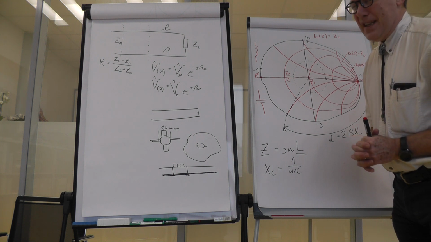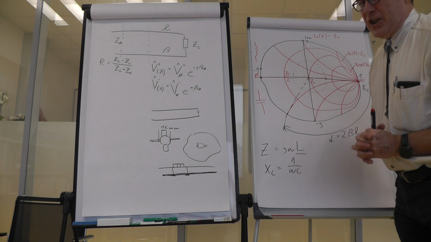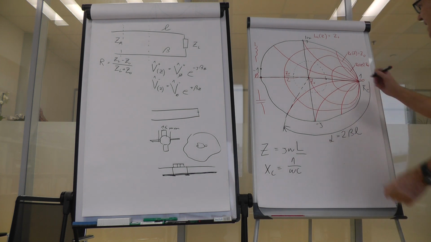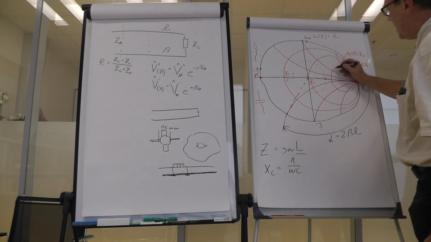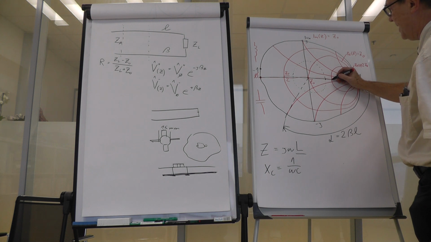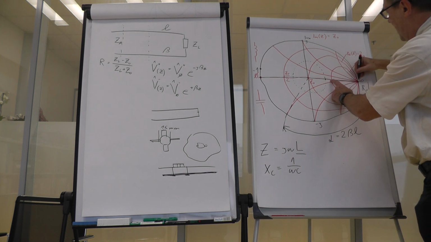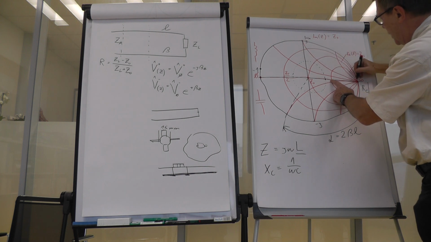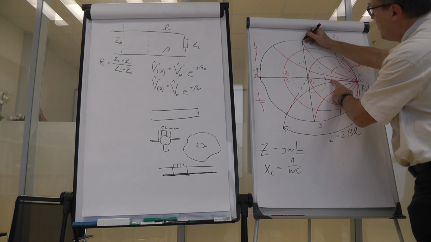2Z0 plus jZ0 resides, it's quite simple. This is the line where the real part is 2Z0, so it must be on that. And now we have the line where the imaginary part is Z0, so it also must belong to this curve.